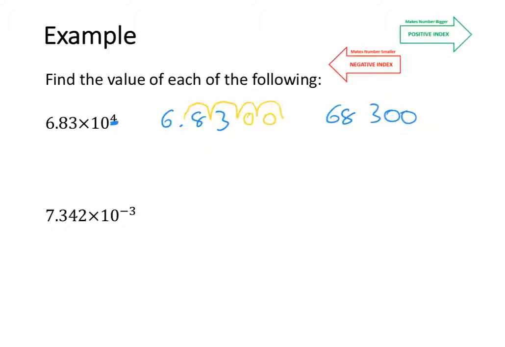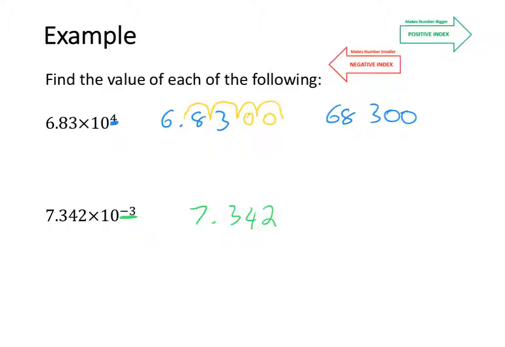In the second example, I want to convert 7.342 times 10 to the power of negative 3 from scientific notation form to an ordinary number. So I'll start off by writing the number 7.342, and this time I want to move my decimal place 3 places to the left because my index, my power, is negative.